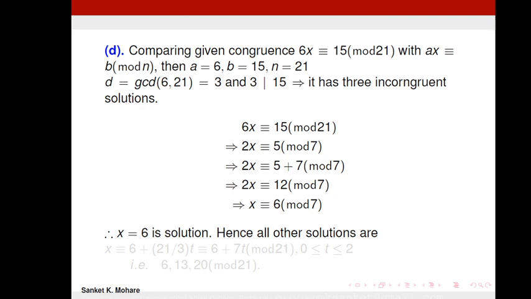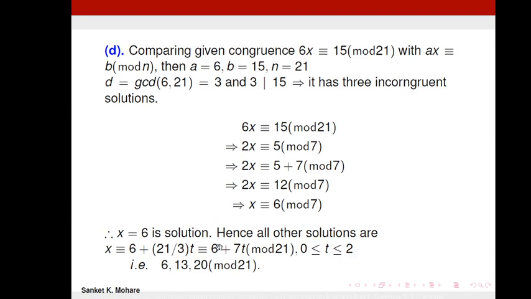Hence all other solutions are x is congruent to x naught plus n by d t. Here value of x naught is the particular solution 6, value of n is 21, value of d is 3. So 21 by 3 is 7, so x is congruent to 6 plus 7t modulo 21, where 0 is less than or equal to t is less than or equal to d minus 1, that is 3 minus 1, 2.